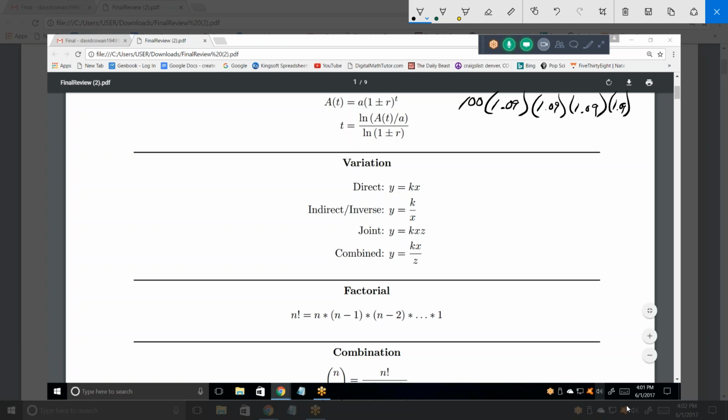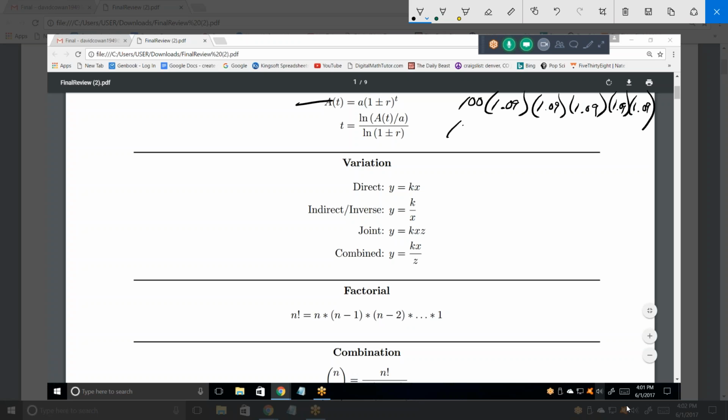That was the natural way for you to do it, and I don't blame you. That's the way I would do it too. Notice that that is exactly this formula. In other words, r is 0.09.